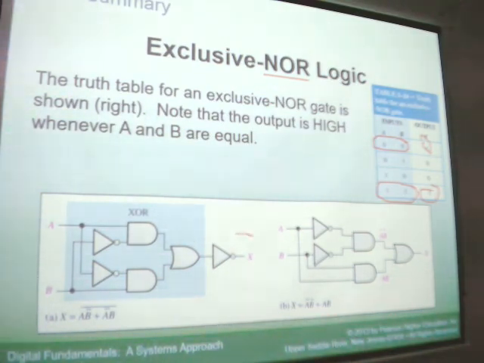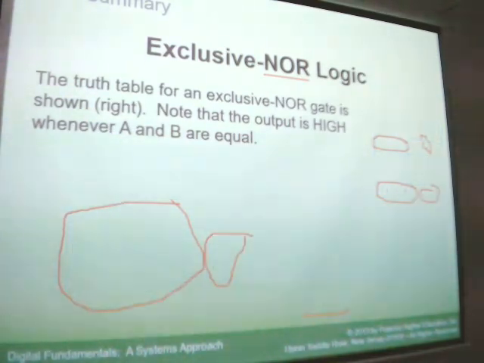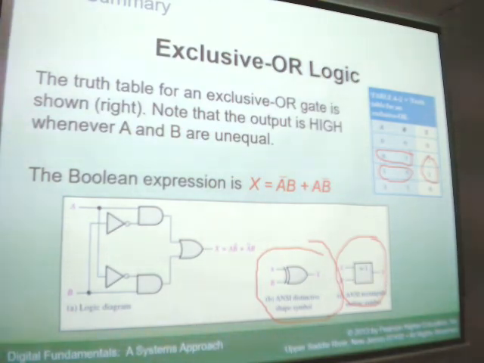We only need to add an inverter to the output of XOR, the exclusive OR logic. The expression is A bar B bar plus AB. It is different from the XOR logic. For XOR, the expression is X equals A bar B plus AB bar.